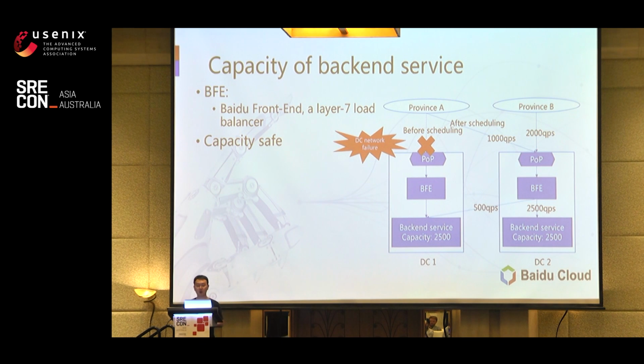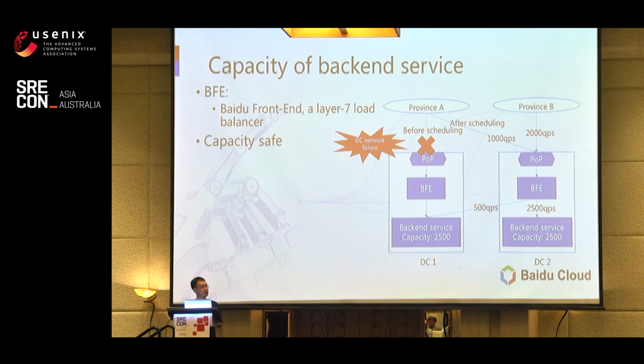How to solve this problem? We find that Baidu's internal network is generally independent of internet failures. When an internet failure happens, the internal network is usually normal, and the communication between data centers is still smooth.